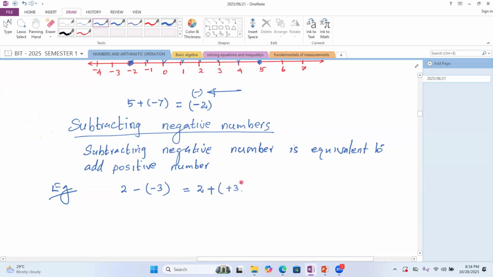Right? So we can find the result by using the number line.